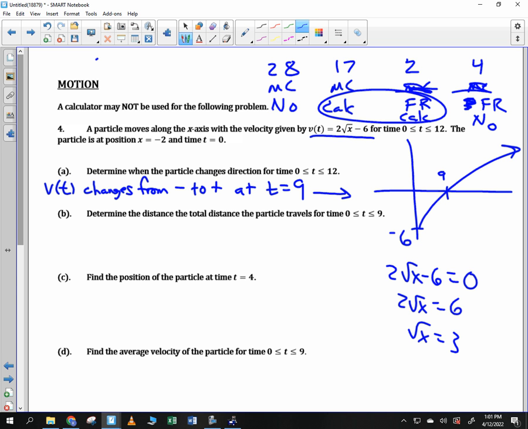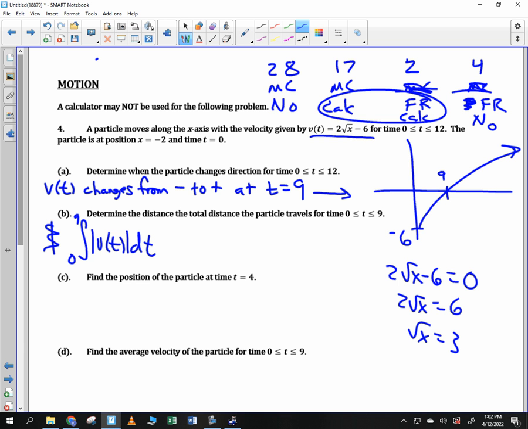Determine the total distance the particle travels for time 0 to 9. How do we determine total distance? The absolute value. So the integral from what to what? 0 to 9 of the absolute value of v of t dt.